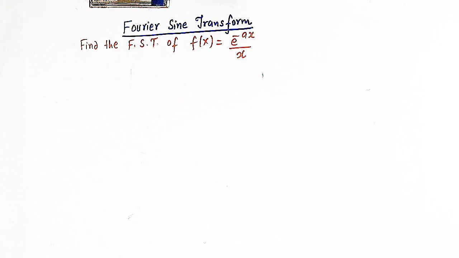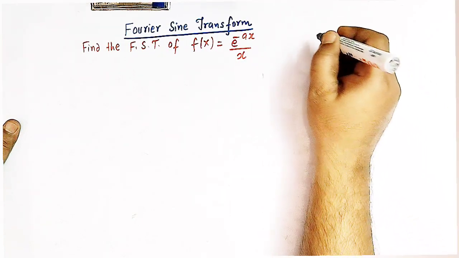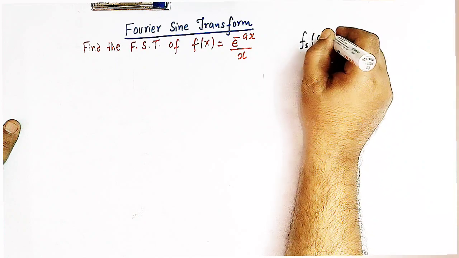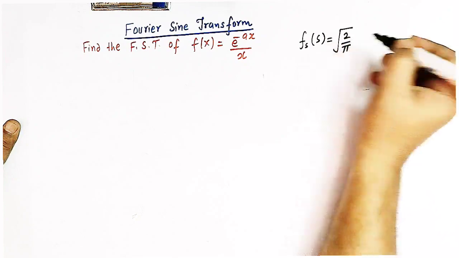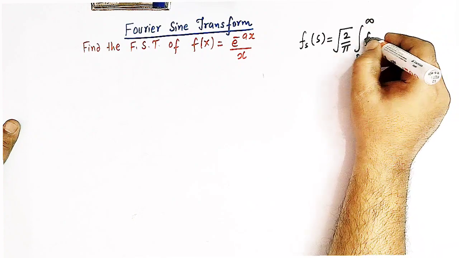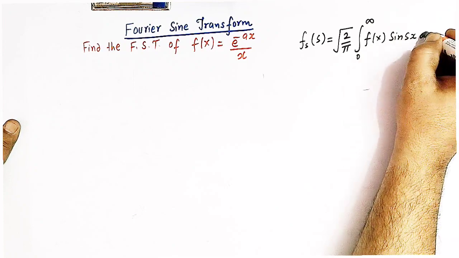To start with, let us first quickly see the formal definition of Fourier Sine Transform of a function f of x. The Fourier Sine Transform of a function f of x is denoted by F_s, and here we have square root of 2 over pi and integral from 0 to infinity of f of x sine sx dx.